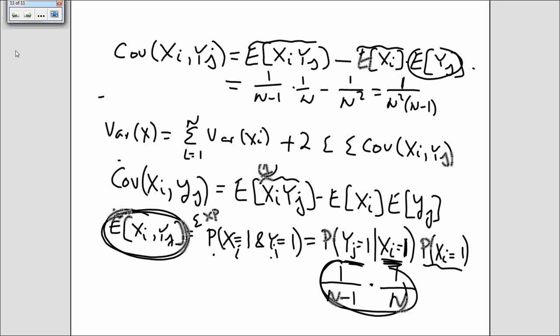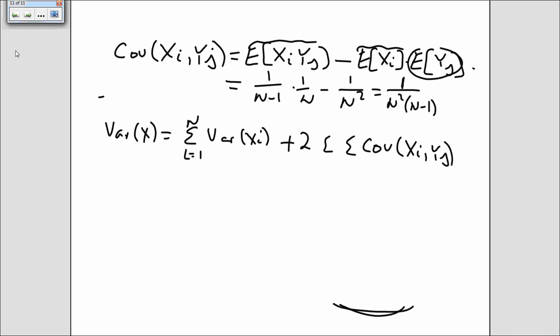Let me erase some more. Hopefully you took good notes on what some of these quantities equaled, so when I write them down now, you say, yeah, we already calculated them.